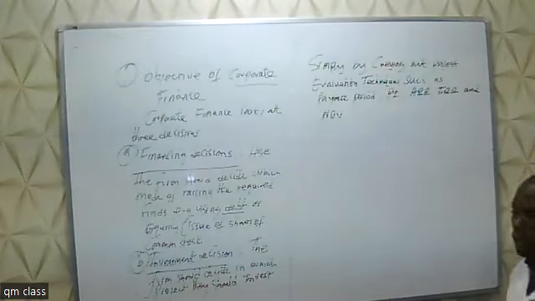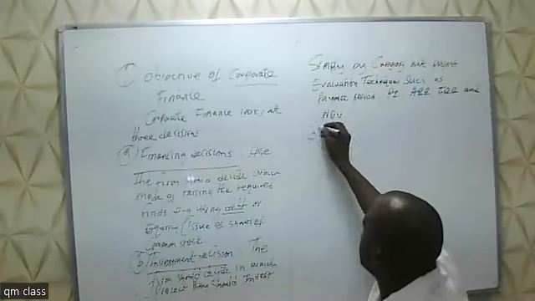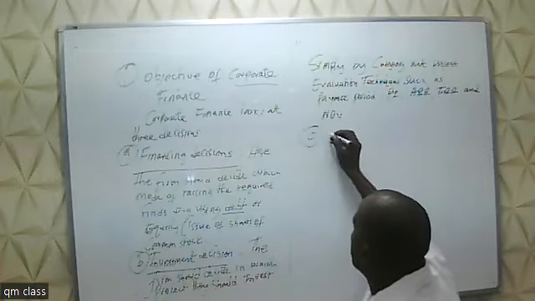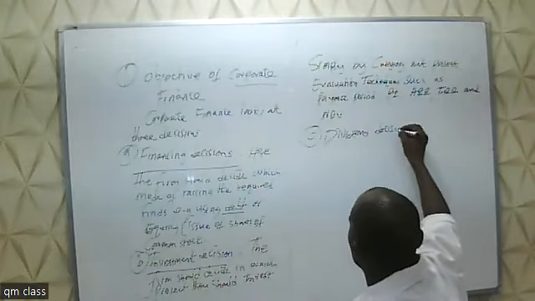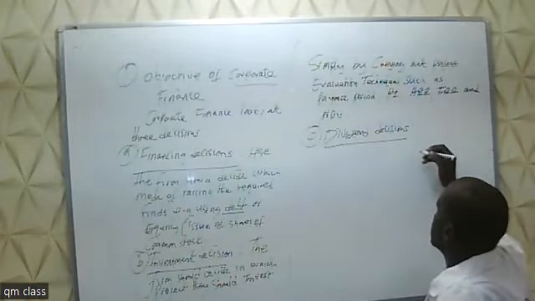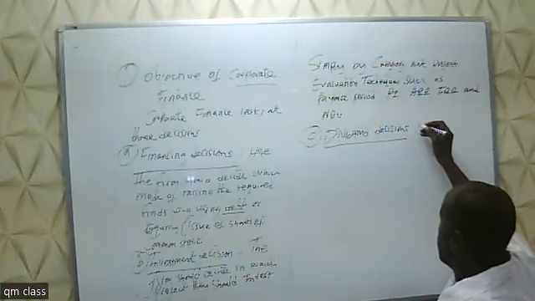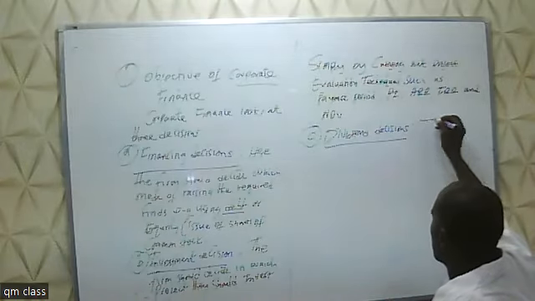All right, so the last one among the three decisions is dividend decisions. So here the firm should decide who is supposed to get a dividend first.